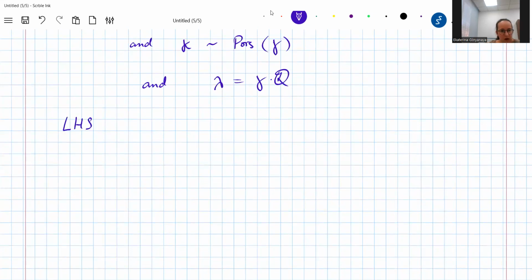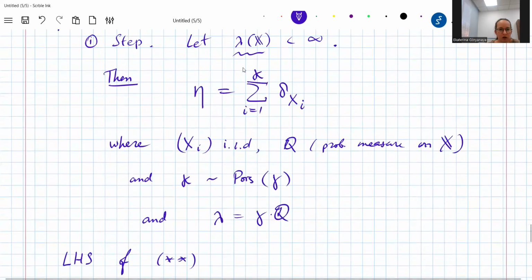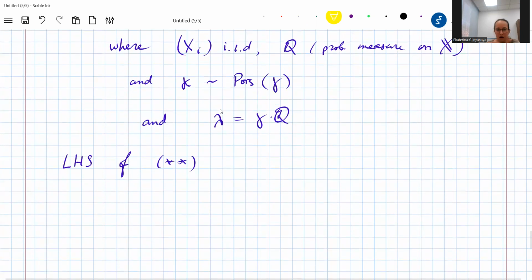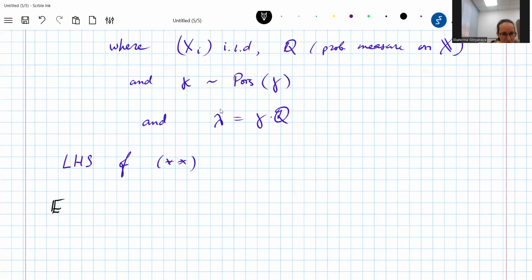Okay, so in this case, we can write the left-hand side of the equation. I denote it by 2 stars. So let's write the left-hand side. I have the expectation of the integral of a function. I will write y so as not to mix them up, and the factorial power of the measure.